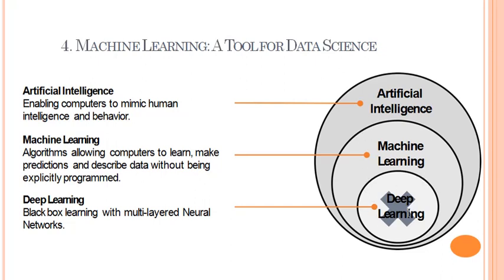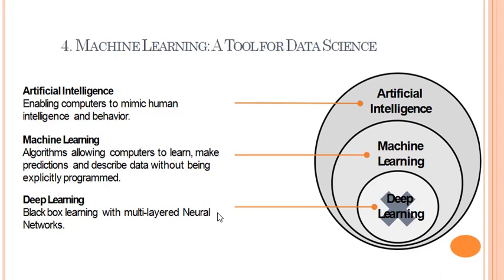How deep learning is different from machine learning is that in deep learning we have multi-layered neural networks, right? The basic task of a neural network is to learn from the input data set so that it can perform classifications on an unknown data set, right?